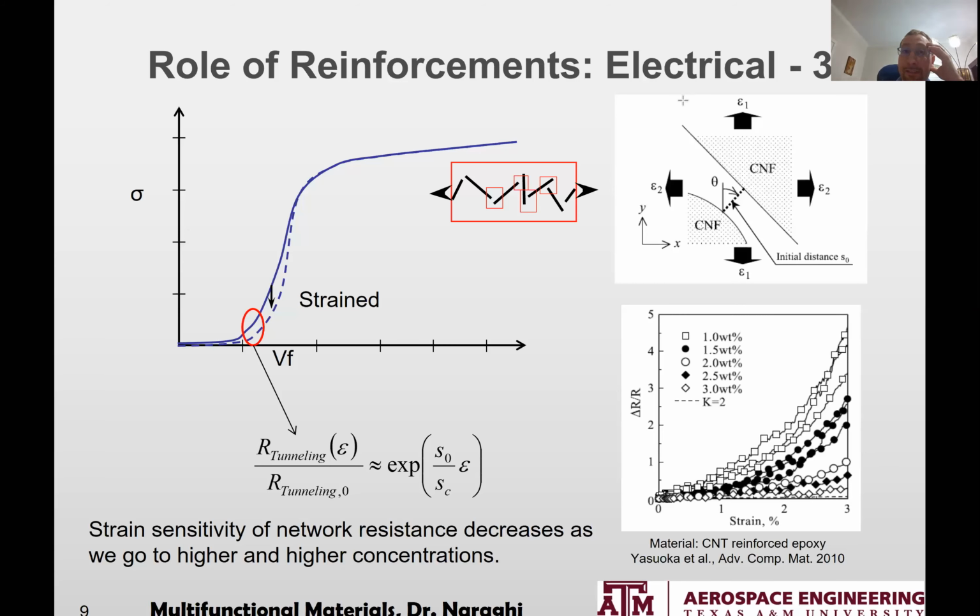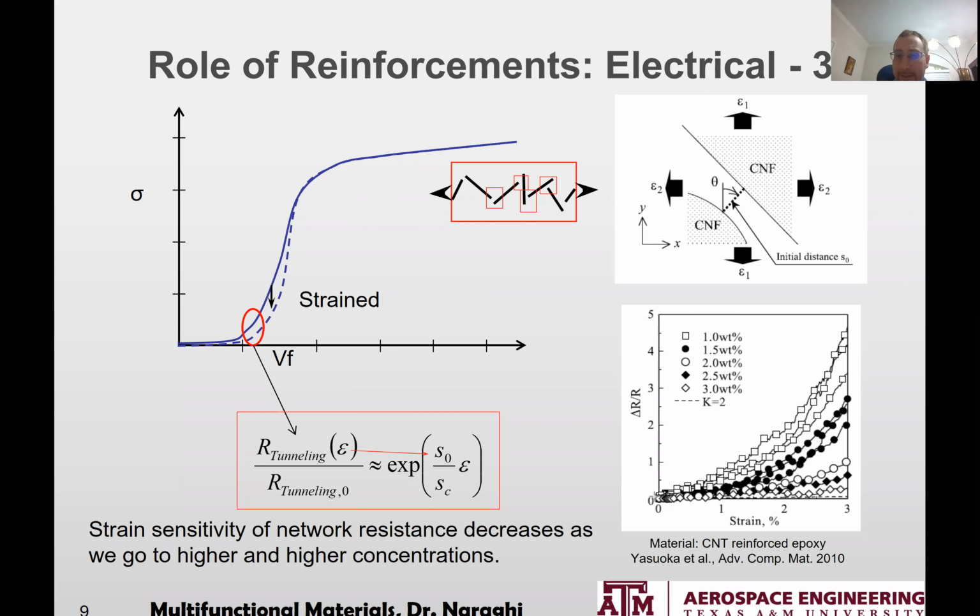The reason it can significantly go up is because of this exponential relationship between resistivity and spacing. When I apply a strain, the spacing changes, and because the resistivity is exponentially related to that, the resistivity of the whole sample significantly goes up.